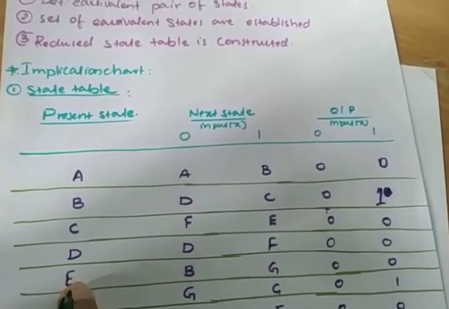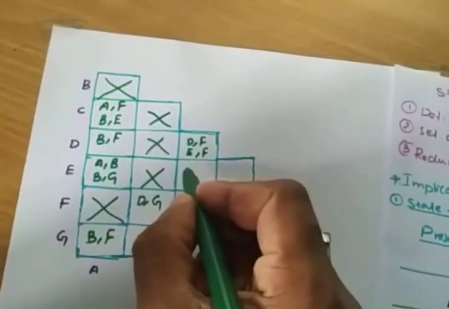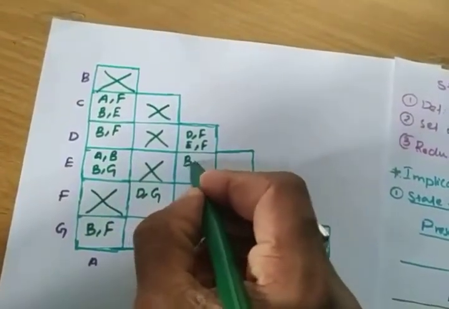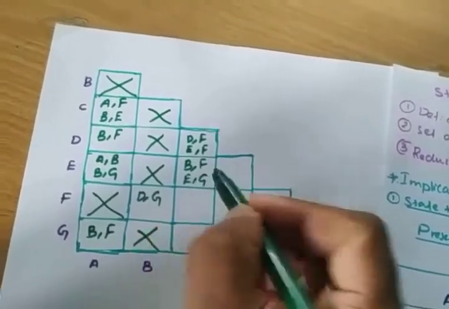CE combination means B comma F and E comma G.